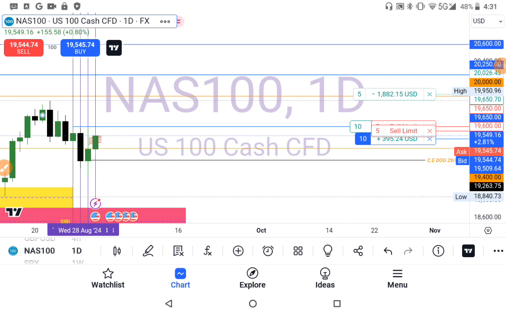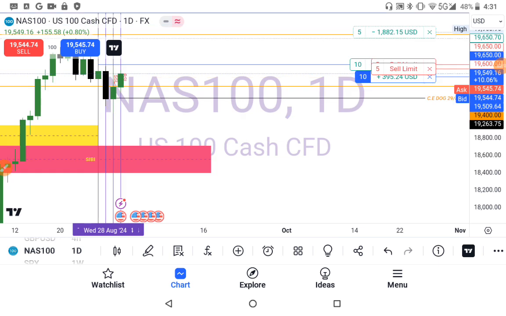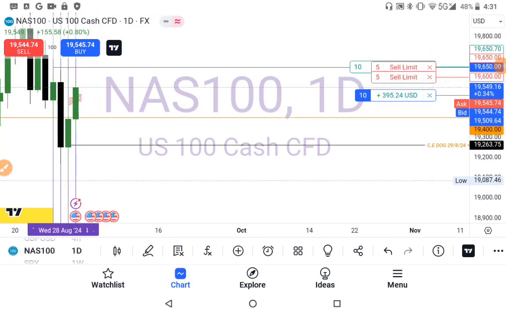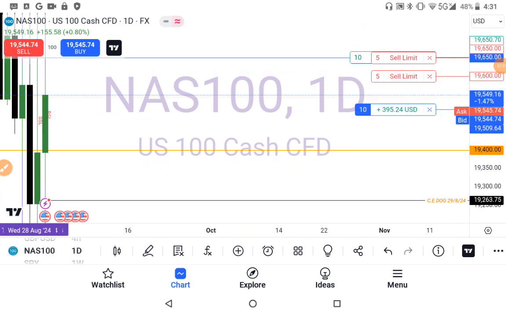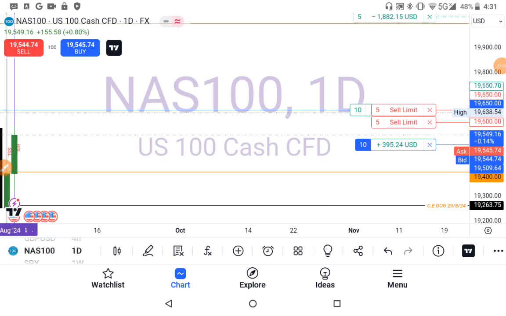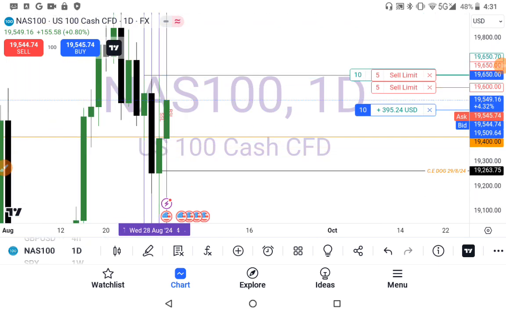But personally on Nasdaq, I'm not ready to be bearish for now. I'm only expecting 19,400 to serve as the support to the market, a support that will take us back into 20,000. So I have my eye on 20,000, and I have some running trades within that perimeter. So that is that on Nasdaq.